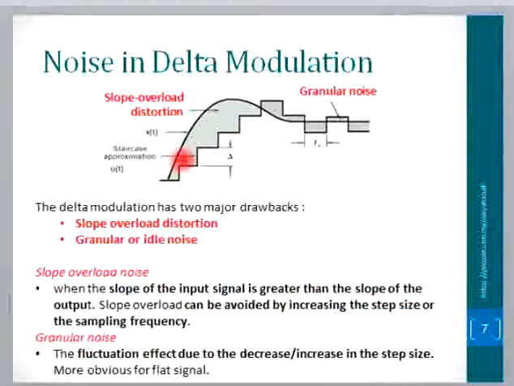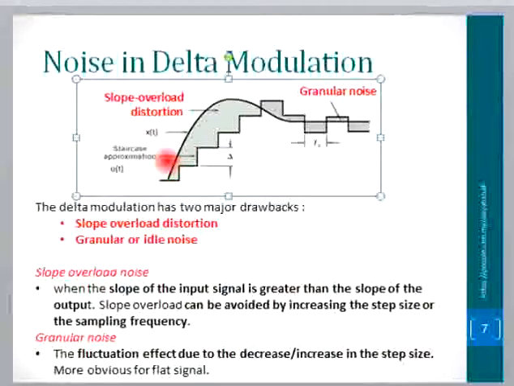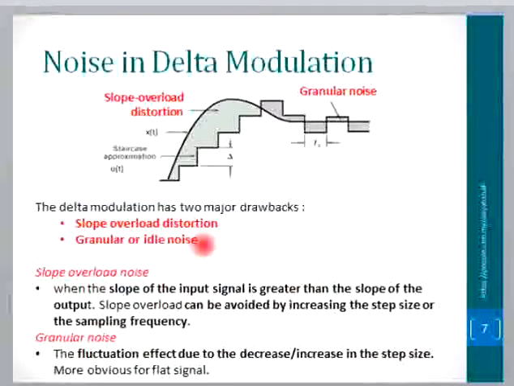For example, here the signal has steep gradients, and the step size is the same. So that's why the staircase signal is not similar to the original signal.